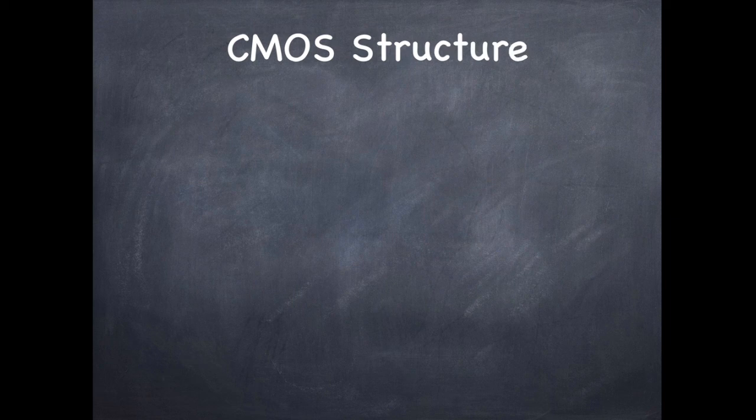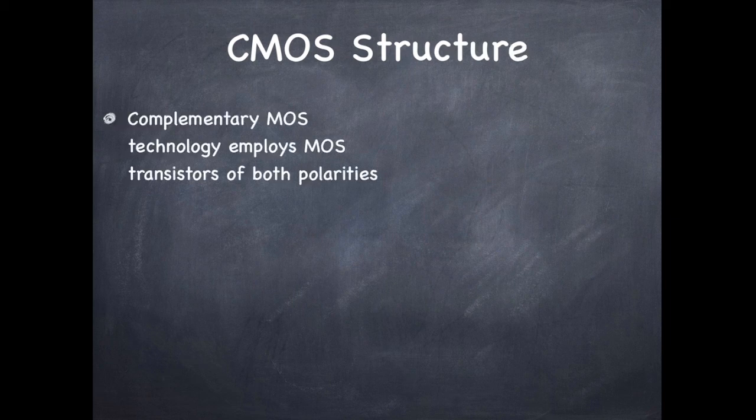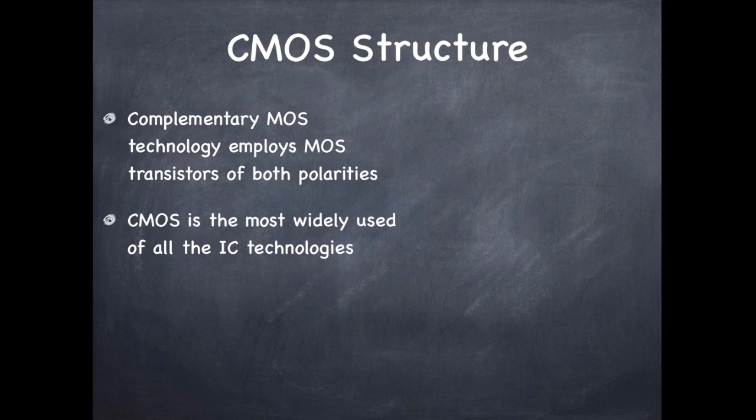We'll just touch upon the CMOS structure, complementary MOS technology. It employs both transistors, that is, we have NMOS as well as PMOS here. And we are covering it here because it is the most widely used IC technology.